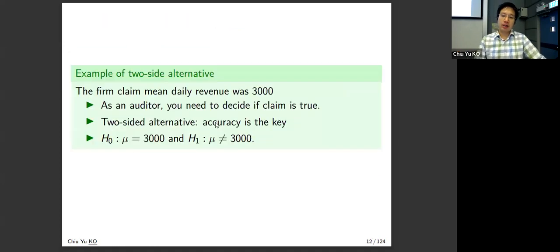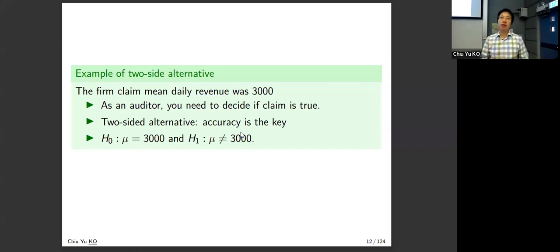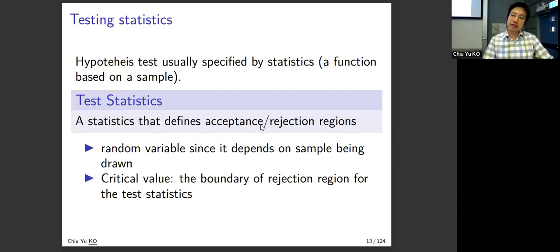And if you are an auditor and you want to make sure that it's exactly this number, say 3,000 revenue, then you really want a two side test, because more than or less than is problematic. In general, most of the time you don't know, so the most common is two side, but one side is still there.